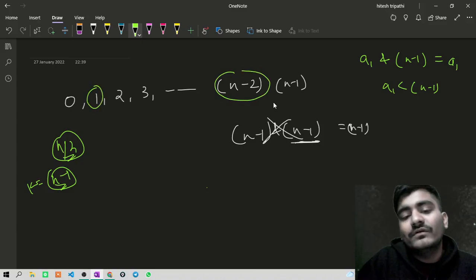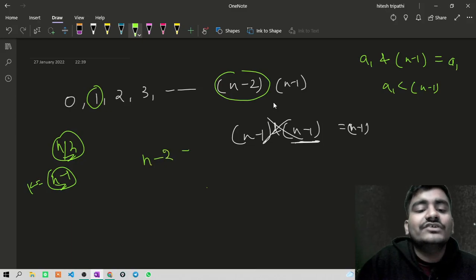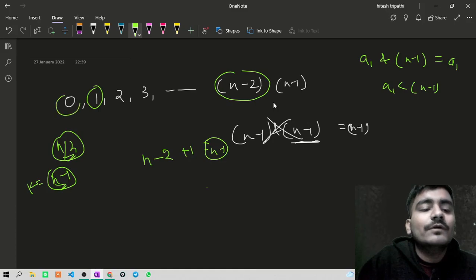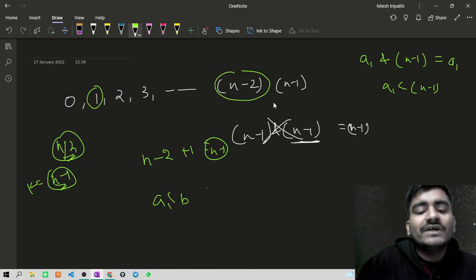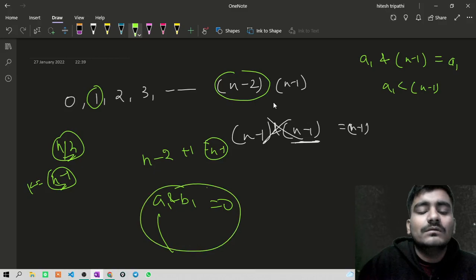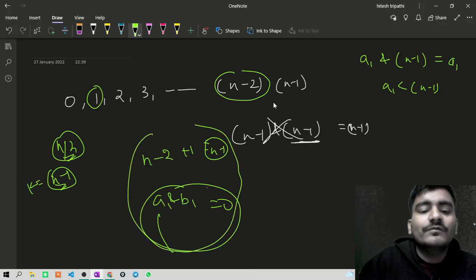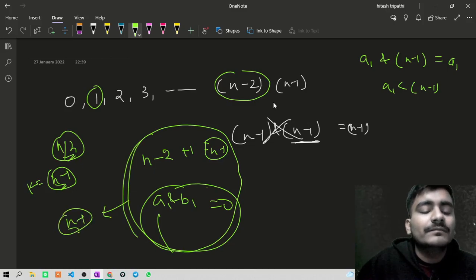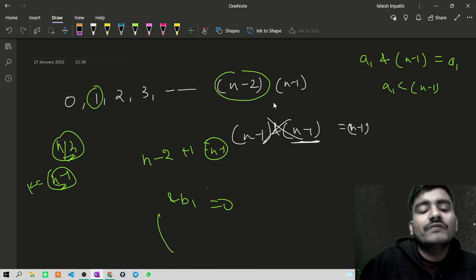What if? Okay, so the summation of n minus 2 plus 1 will simply be equal to n minus 1. And for all other numbers, again what I will simply do is make the bitwise AND of all other pairs 0, and now the total sum of the bitwise AND of all the pairs will simply be equal to n minus 1. But how are we going to do that?